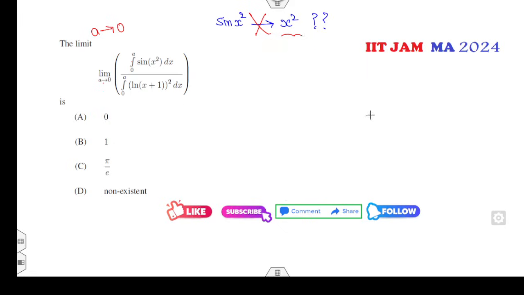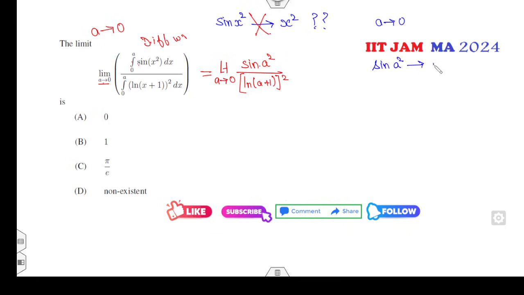Once it is a 0 by 0 form, then you can apply the L'Hopital rule. You can differentiate them with respect to a. So that will be sine of a square divided by (ln of a plus 1) whole square, limit a approaches 0. Now you can see, because a approaches 0, I can replace sine of a square with a square, and ln of (a plus 1) with a.